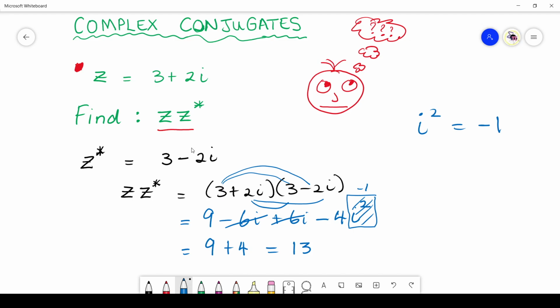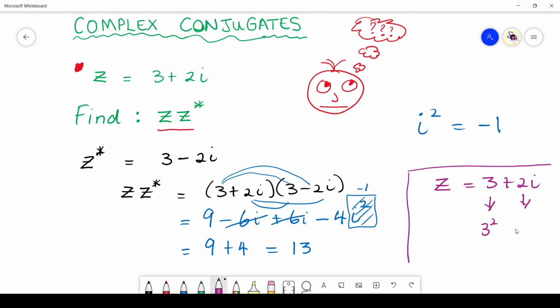But remember our initial complex number? Remember our initial complex number just for a millisecond, and I'm going to show you guys something on this side. So our initial complex number z was equal to 3 plus 2i. And if you observe the real and the imaginary values, if we were to square those, 3 squared, 2 squared, and add them up, guess what happens?